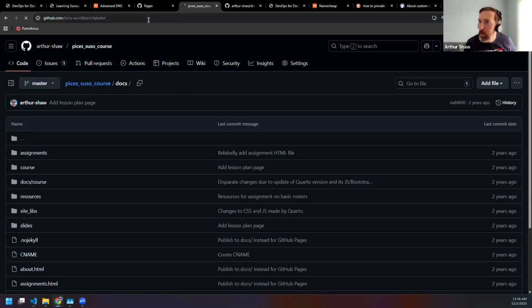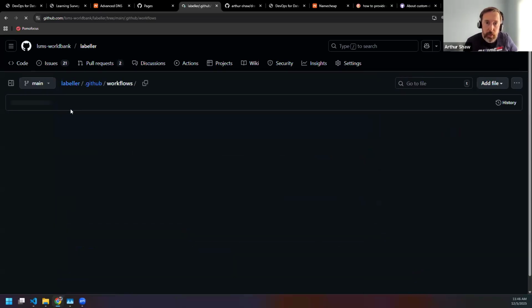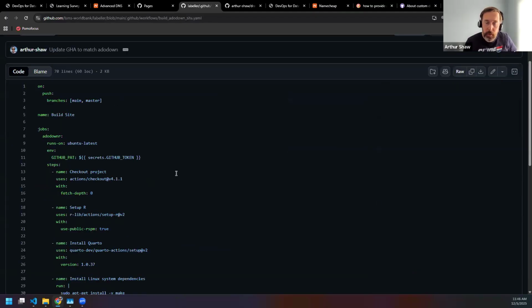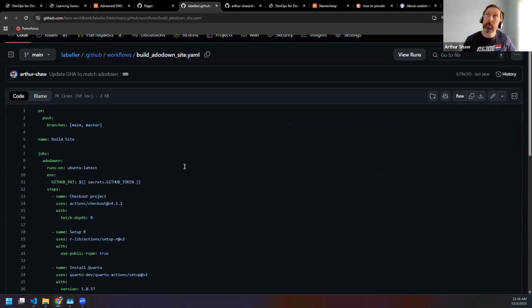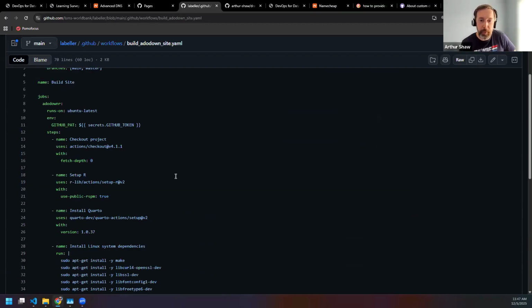Like this project here, GitHub workflows. So I wrote an R package to create package documentation websites for Stata packages. It's very obscure. I think I may have shown this in the past.